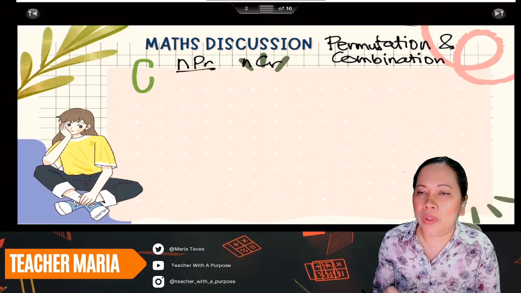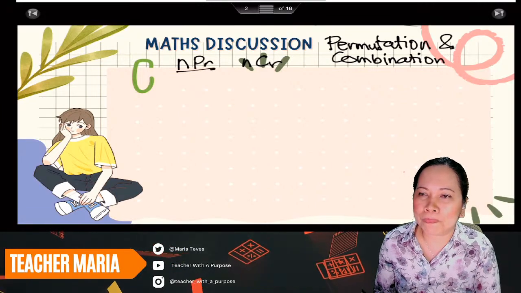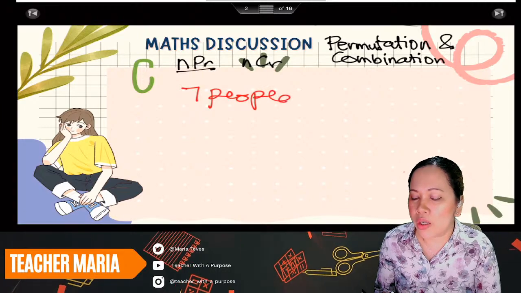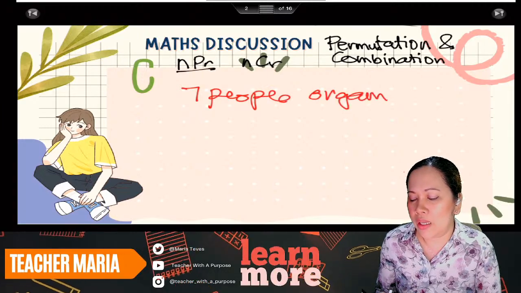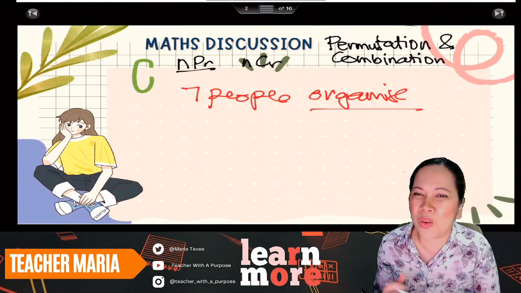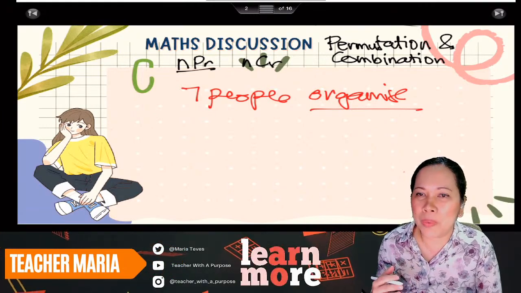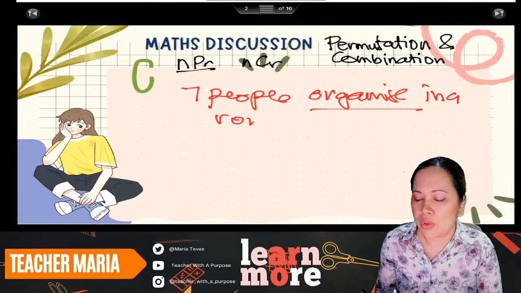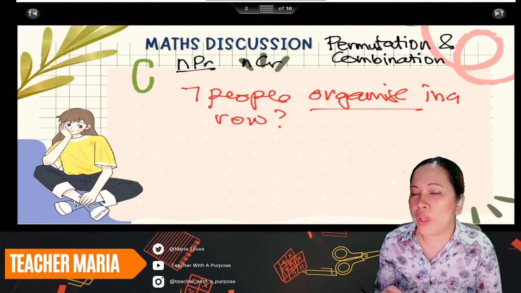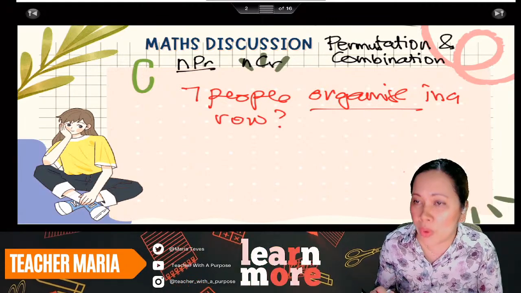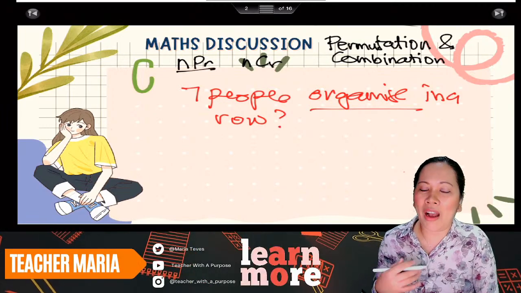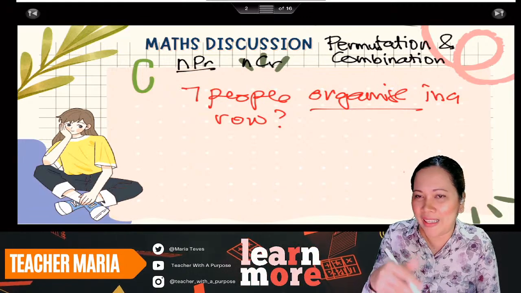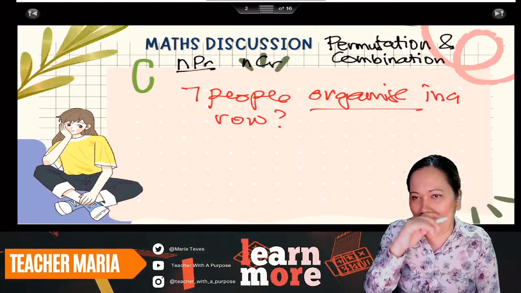Another example, let's say you have 7 people and you are to organize them. The word organize or ranking indicates permutation, meaning there is an order in a row. If you are to organize 7 people in a row, and I am in the first part of the row, I cannot be the second or the third, correct?